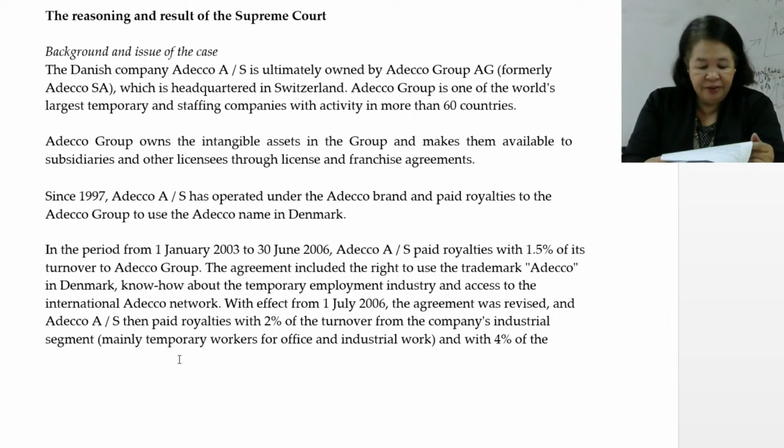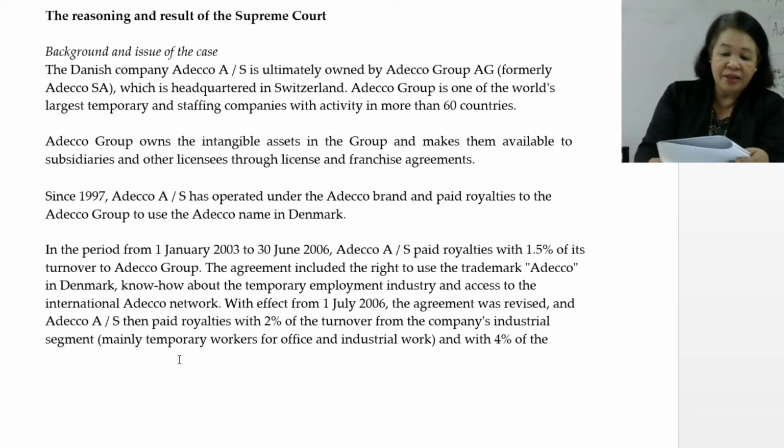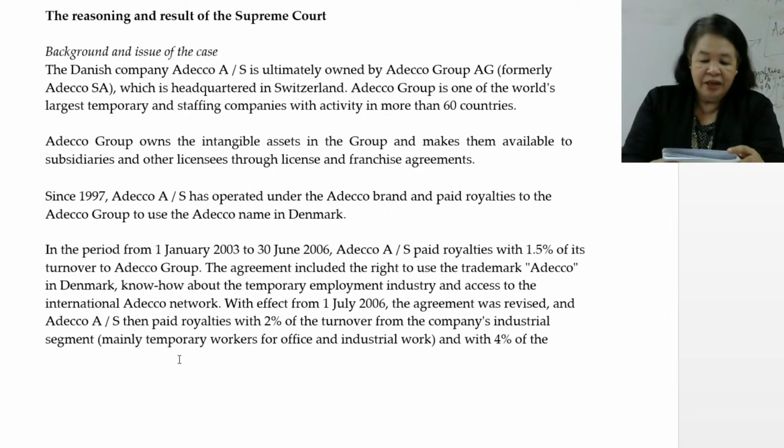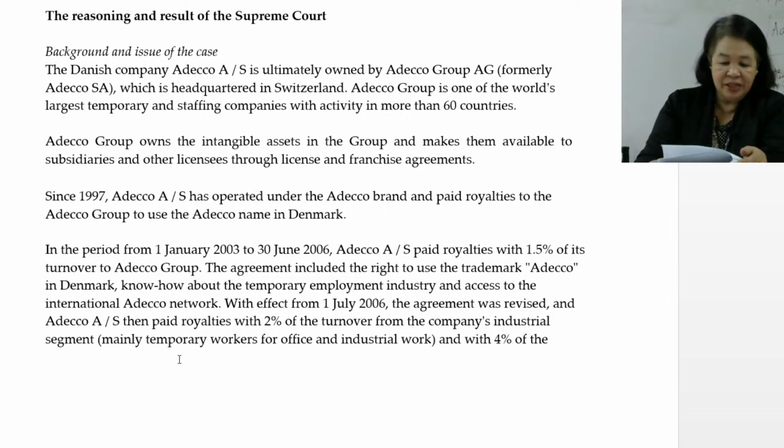Ang laki niya, no? Adecco Group owns the intangible assets in the group and makes them available to subsidiaries and other licensees through license and franchise agreement. So, yun ang business ng Adecco Group. No? Nagla-license siya, nagre-recruit siya, and ang kapalit nun, nagbabayad ng royalties yung mga companies niya.